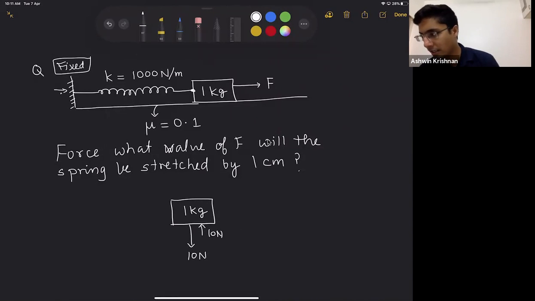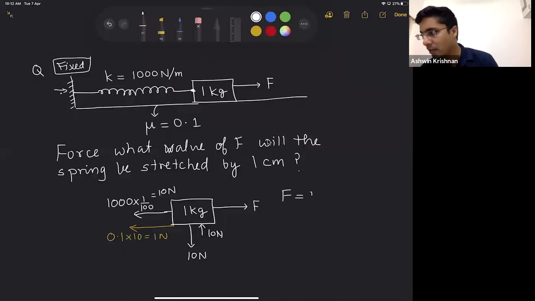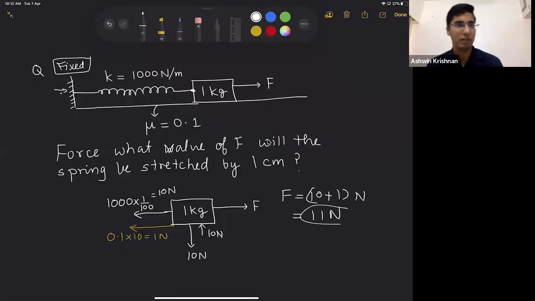Now on the horizontal side, there is F. If it's trying to expand, spring force will be 1000 into 1 by 100, which is 10 Newton. Now friction is mu into N, which is 0.1 into 10, which is 1 Newton. So for it to remain at this, F has to be 10 plus 1, which is 11 Newton, which all of you have done correctly.